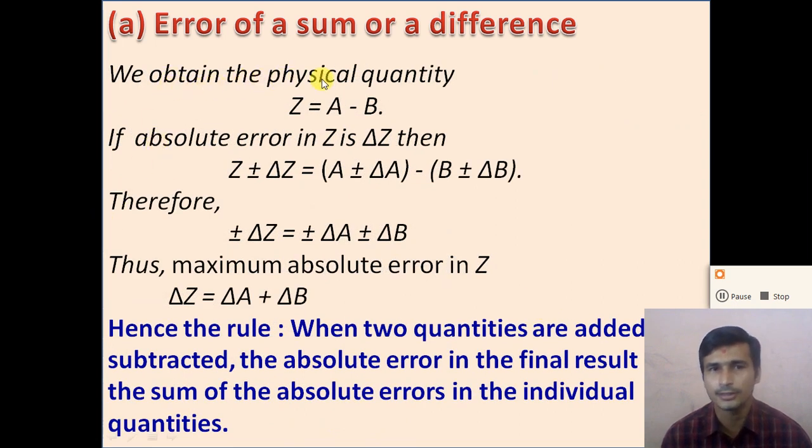We obtain the physical quantity Z which is the difference of this physical quantity A and B, right?